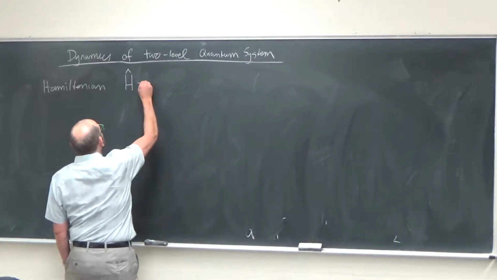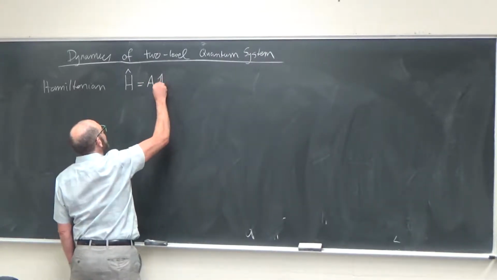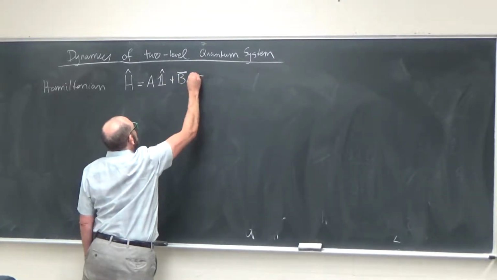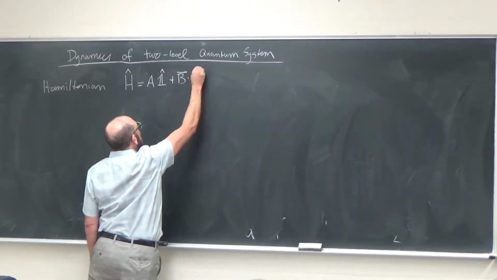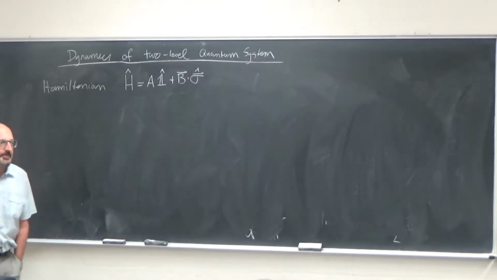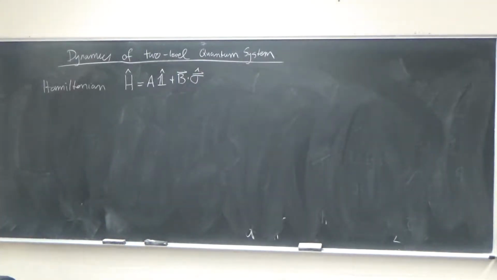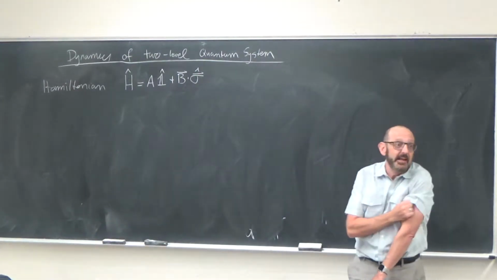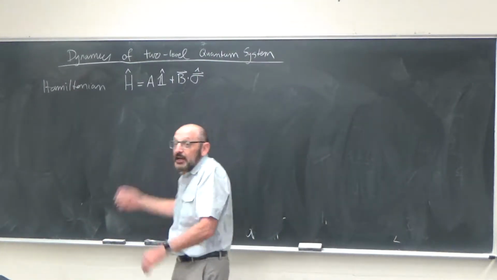So I can always write this as some amount of the identity plus some amount of the Pauli matrices. This says nothing about the physics. It says nothing. It just says something about the mathematics so far. That just says that any two-level system, that's all you got.